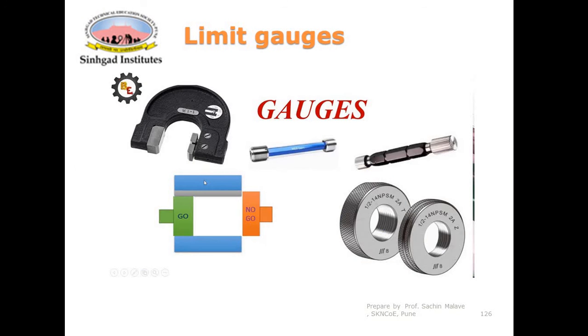Take the example of the plug gauge you are using to check the hole. Let us say this is a go end and this is a no go end. Both the go and no go ends are cylindrical in shape.